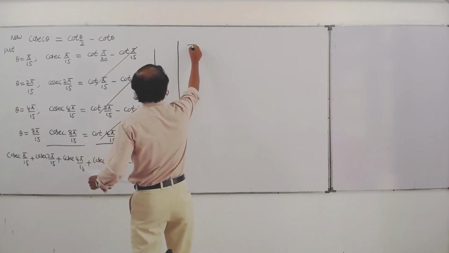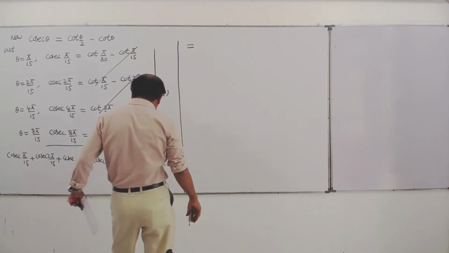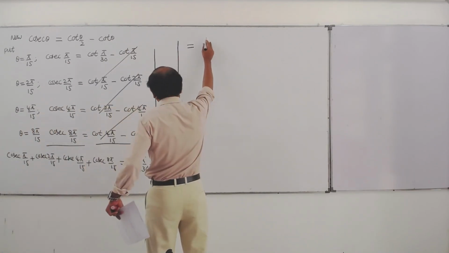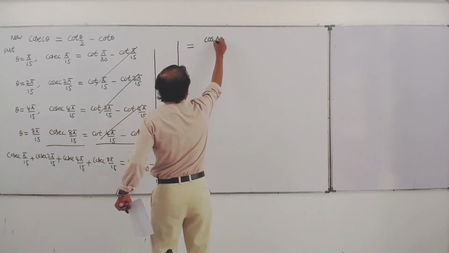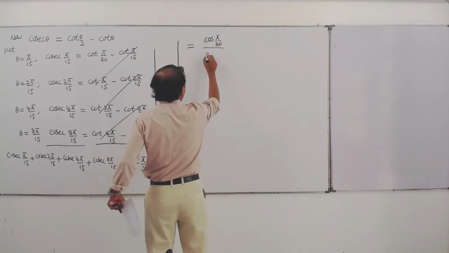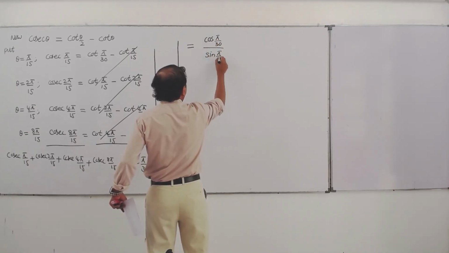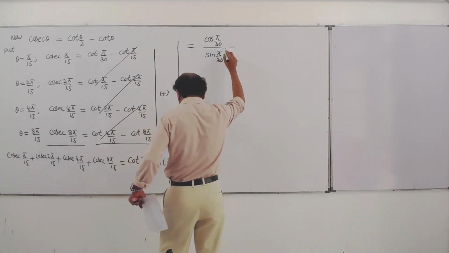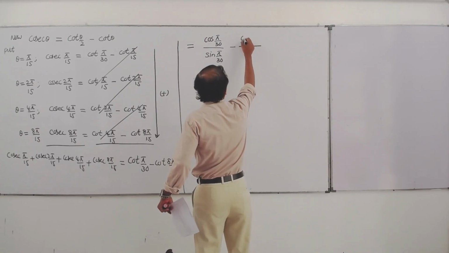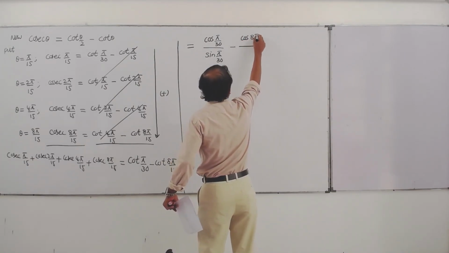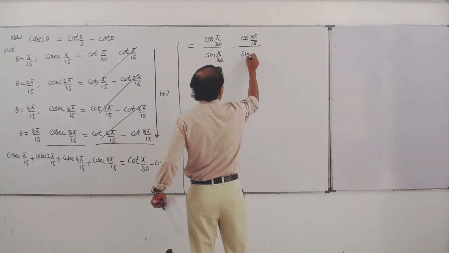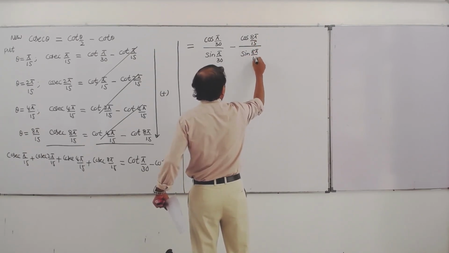Right. I put equal sign here. Cot we can write cos by sine: cos pi by 30 divided by sine pi by 30 minus cos 8 pi by 15 divided by sine 8 pi by 15.